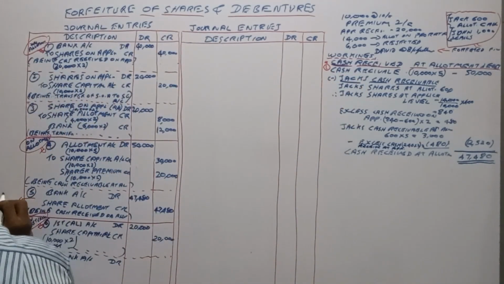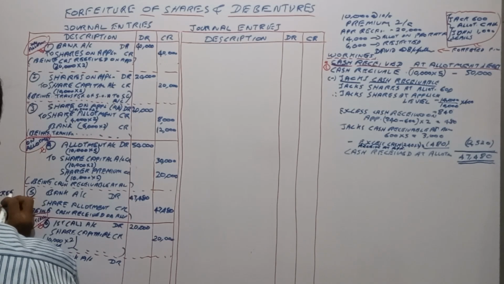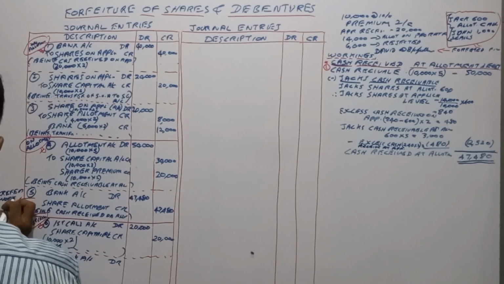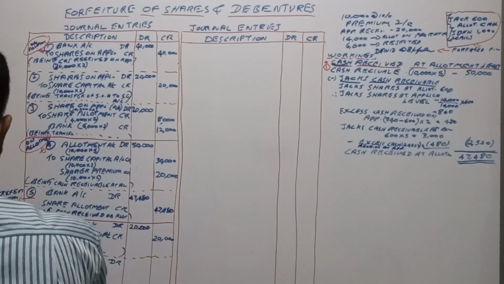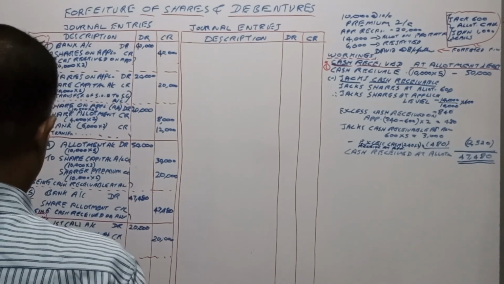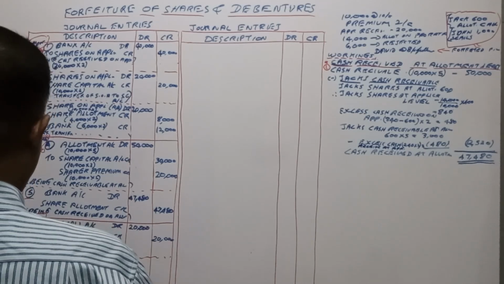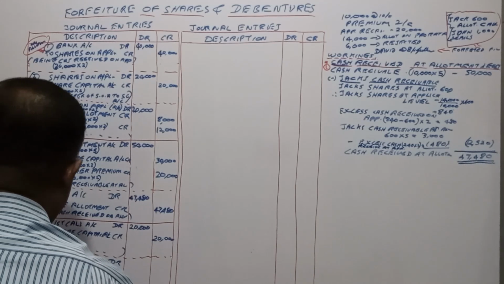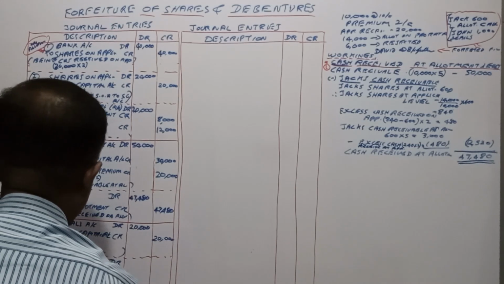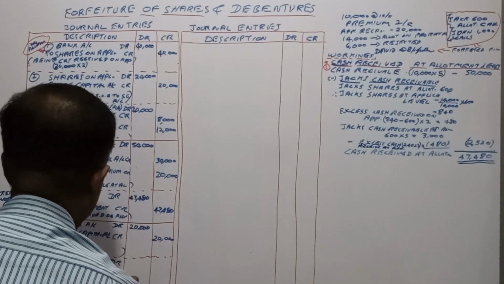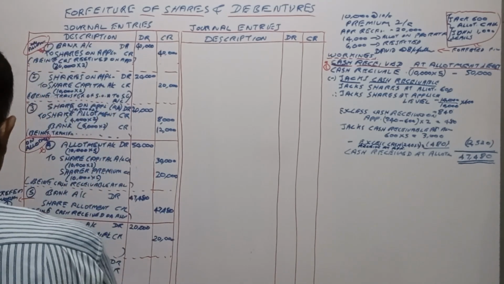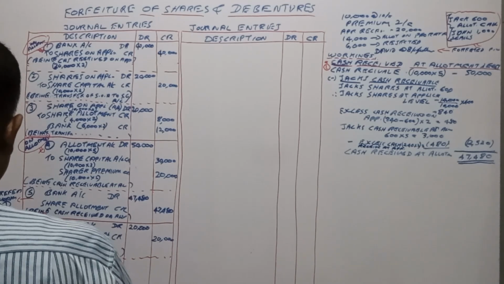Refer working 1, right? Here bank account debit and first call account credit, right? This is also working number 2, right? Working 2.